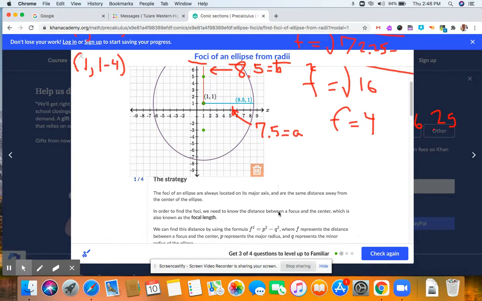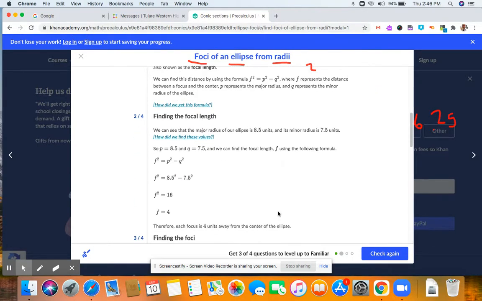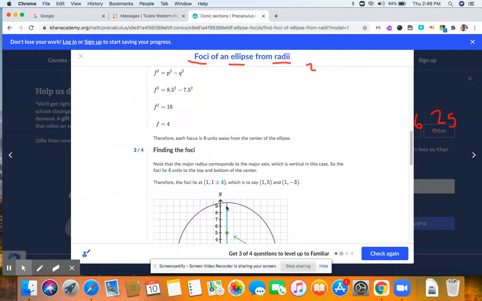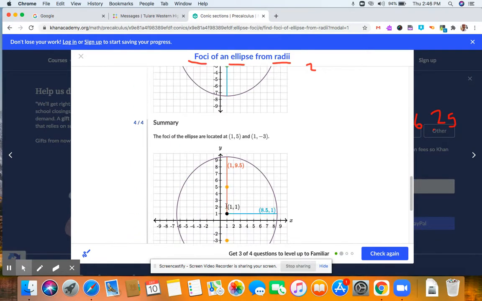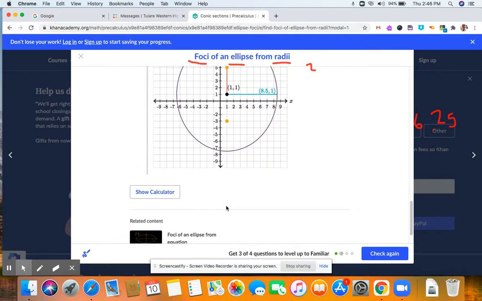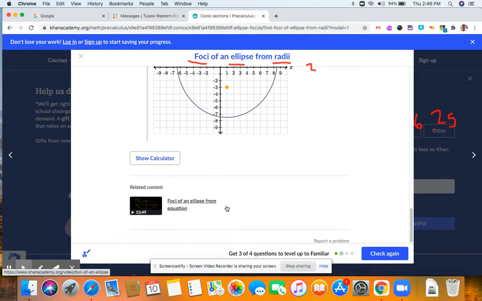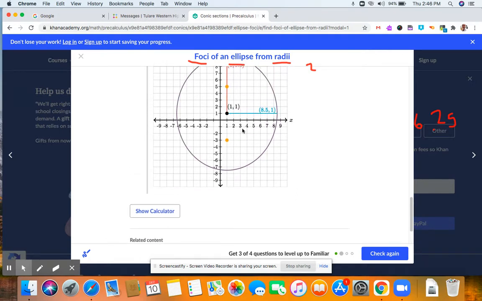I'm not seeing what I did wrong. F is 4, check. Do I report a problem on this one? Everything looks right on my side. Maybe you can see what I've done wrong.